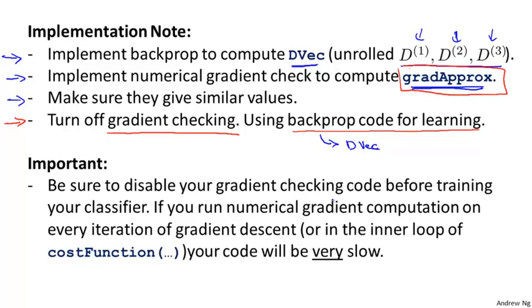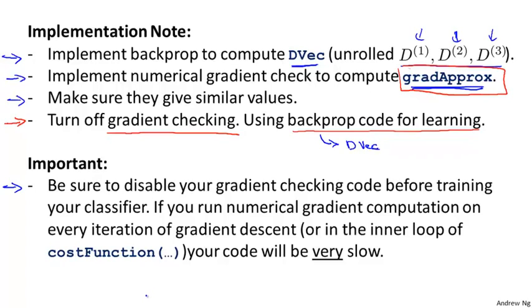So once you've verified that your implementation of backpropagation is correct, you should turn off gradient checking and just stop using it. Just to reiterate, you should be sure to disable your gradient checking code before running your algorithm for many iterations of gradient descent, or for many iterations of the advanced optimization algorithms, in order to train your classifier.